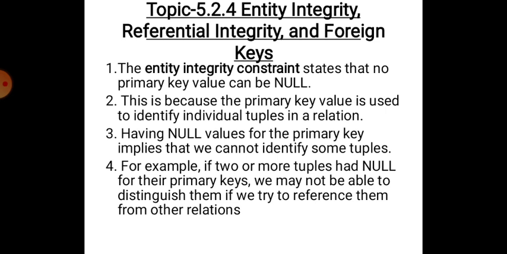Point number 3, having null values for the primary key implies that we cannot identify some tuples. Point number 4, for example, if two or more tuples had null for their primary keys, we may not be able to distinguish them if we try to reference them from other relations.